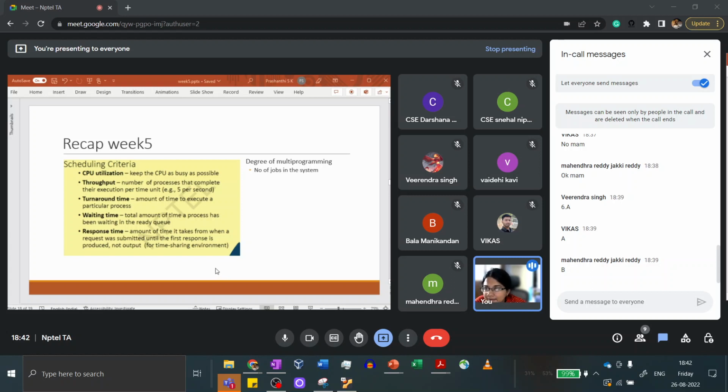Some of them try to maximize throughput, some try to maximize utilization, some might try to minimize turnaround time, waiting time, and response time. And there might be certain trade-offs. Let's say you try to increase CPU utilization, and you might end up having a longer waiting time. Such kinds of trade-offs are possible.